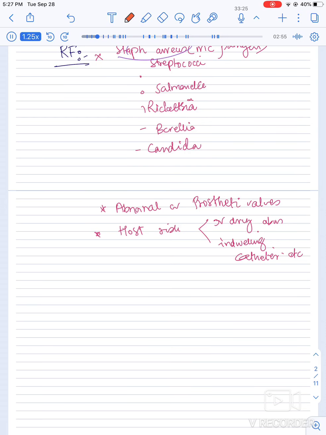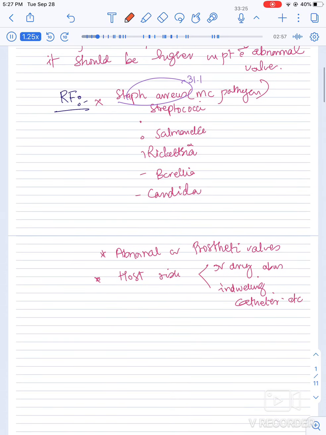Now, Staph aureus can be present in up to 31% of the cases. And then the other thing that I want people to remember, as far as the streptococci is concerned, you can have viridans, enterococci, bovis. Among the streptococci, the most common is the viridans, which is about 18%.